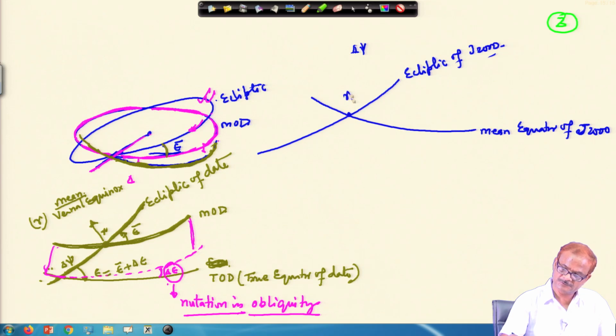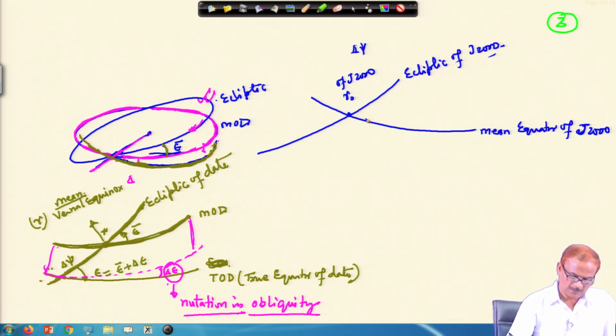This constitutes your gamma 0, the vernal equinox of J2000.